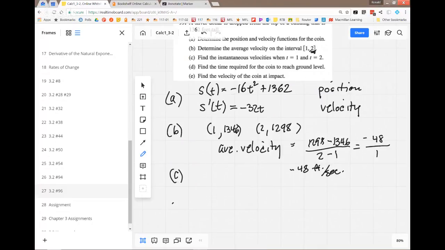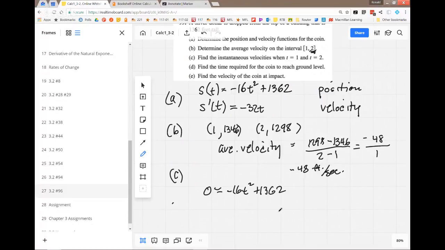Because what will happen when the coin reaches the ground? The height will be 0, right? So we're going to have 0 equals negative 16 t squared plus 1362. All right? Now, how do I solve that? Well, this is an algebra problem.